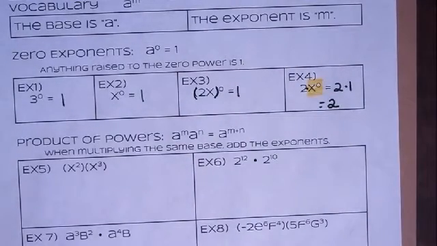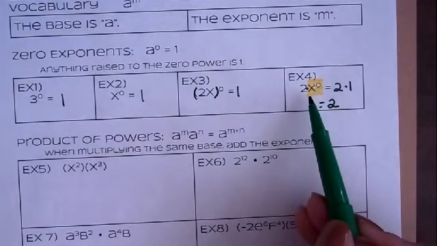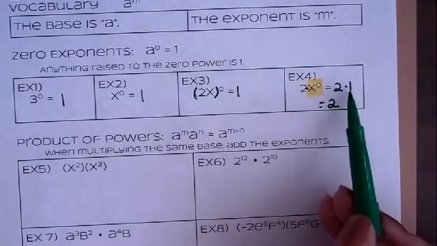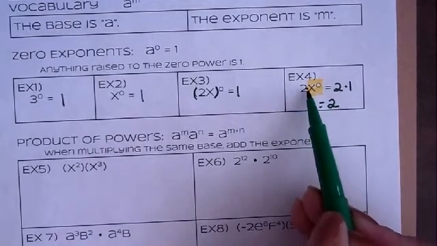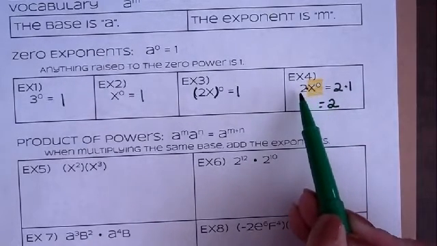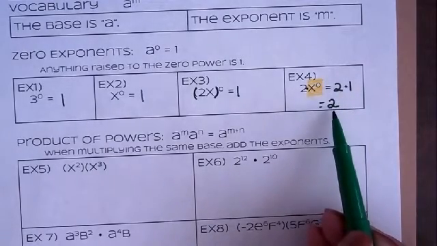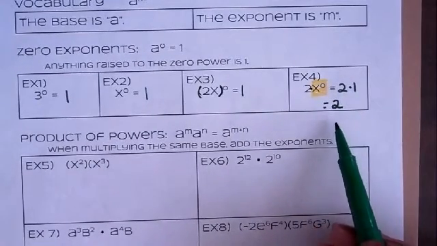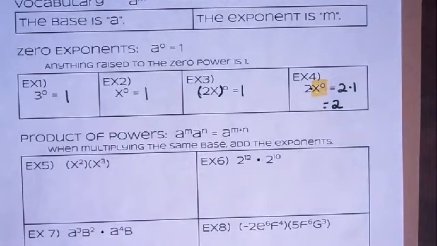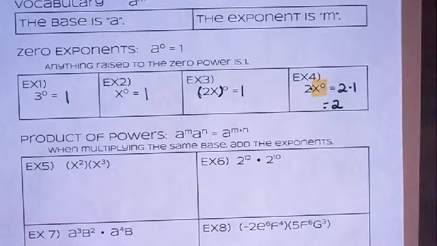Remember, the 0 power only belongs with the x. So what I highlighted right here, x to the 0 power, is 1. But I'm multiplying that by 2. So 1 times 2 is 2. Okay? Now pause right here if you need to and copy this down. And then we'll go to our second law of exponents.